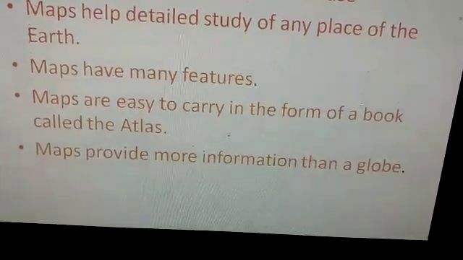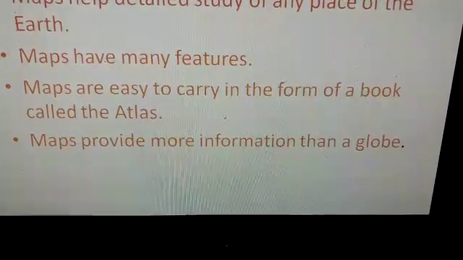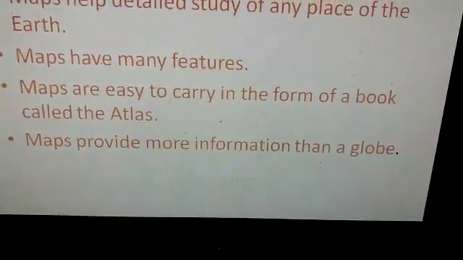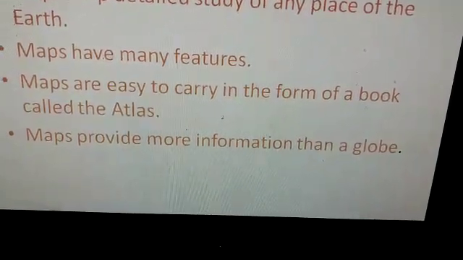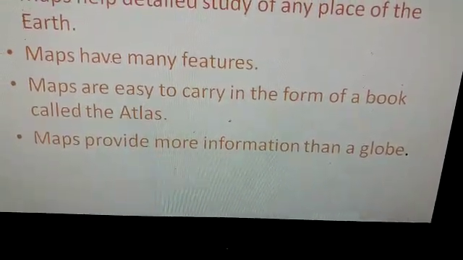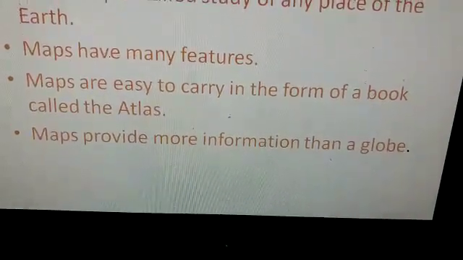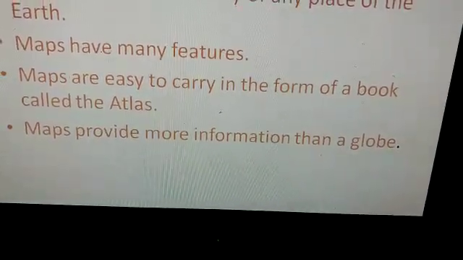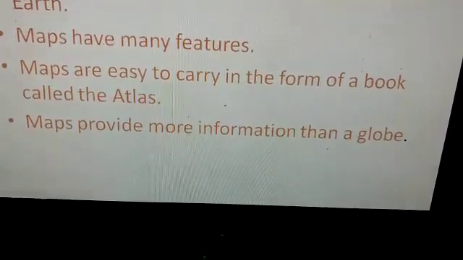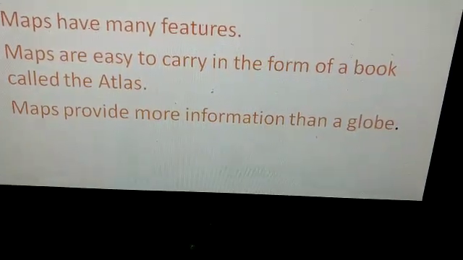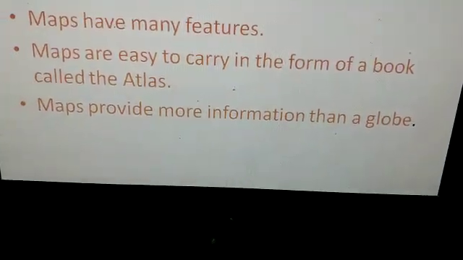Maps are easy to carry in the form of a book, and that type of book is the atlas. I think everybody's house has one atlas. If not, buy one atlas to help you study the maps. Maps provide more information than a globe.